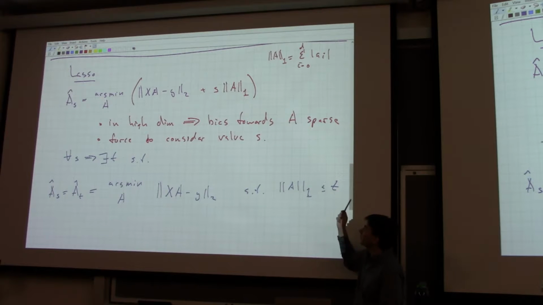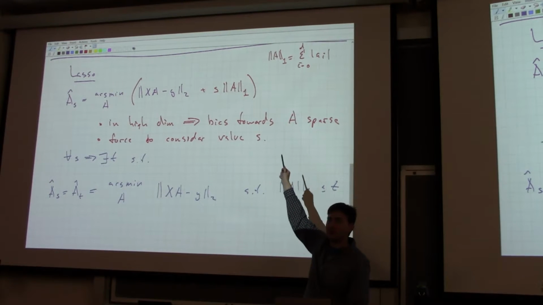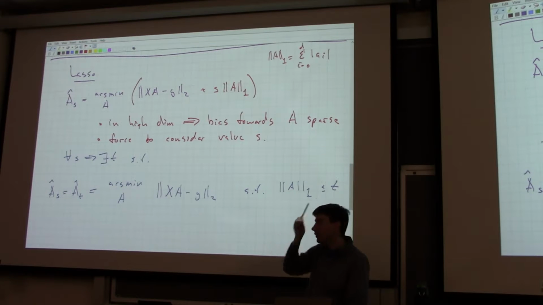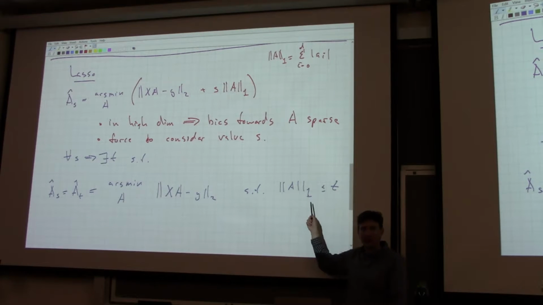Okay, so the first form is like a soft constraint. It's not really a constraint, it's just some soft penalty. This is a hard constraint. I say it has to be less than this value t.